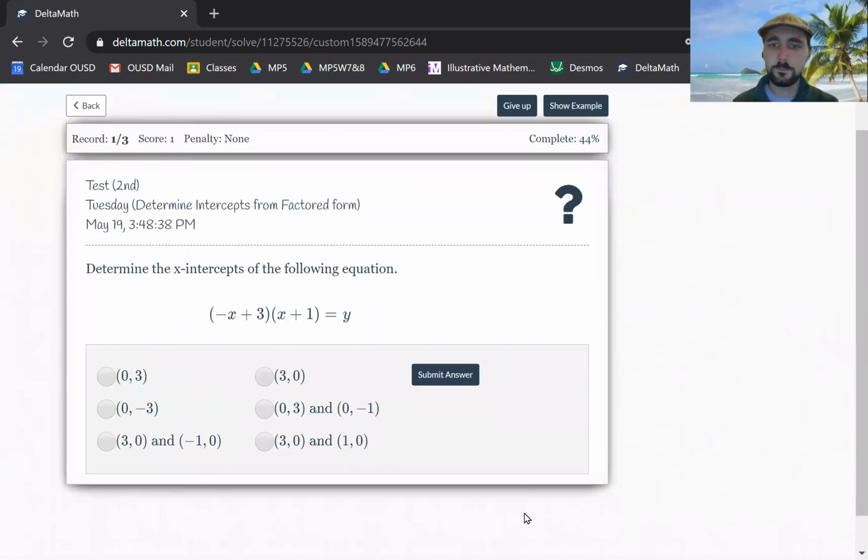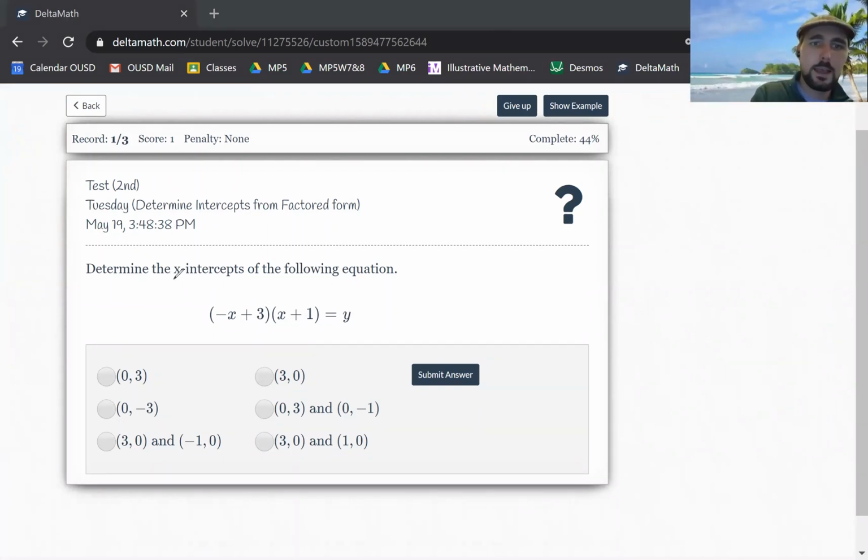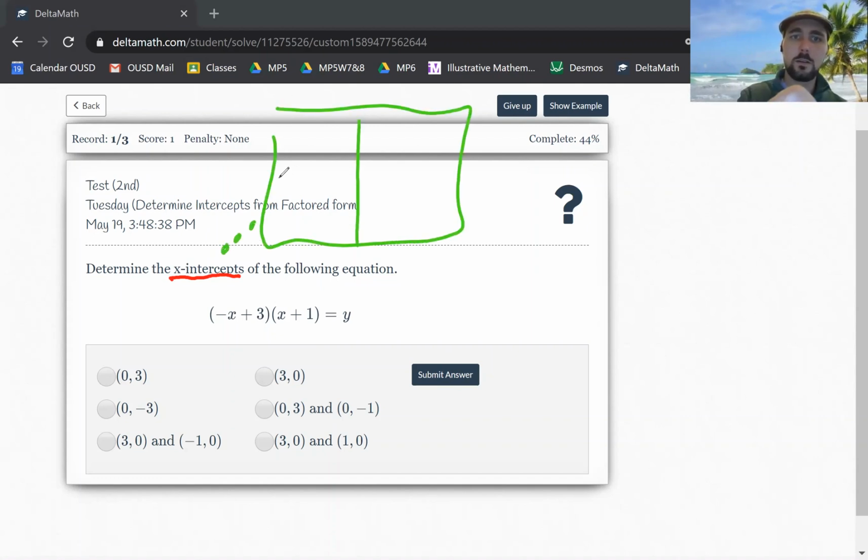So this one says, determine the x-intercepts of the following equation. So I'm going to do my thought bubble again. So if I have a parabola like this, the x-intercepts are where the parabola crosses the x-axis, the horizontal axis.